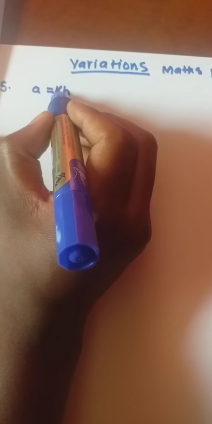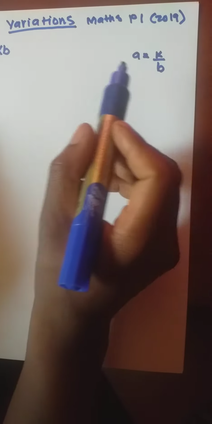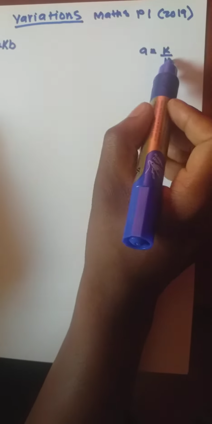Maybe your question will be, what about for inverse? How is it different? For inverse, just for demonstration sake, if they said A varies inversely as B, we would have said A is equal to K over B. As you can see, A and B are not equal.